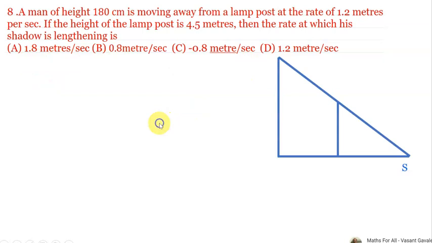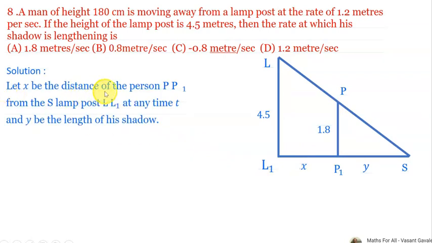Now see this here. LL1 is the lamp post, PP1 is the man, his shadow is y. Okay, distance of the man from the lamp post is x.